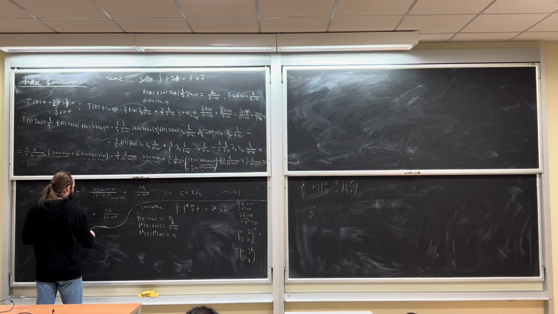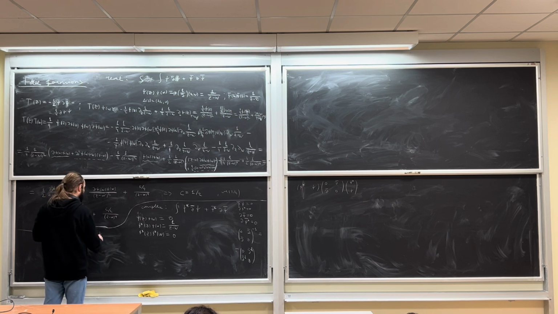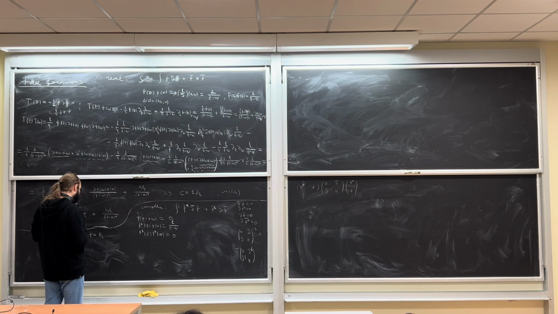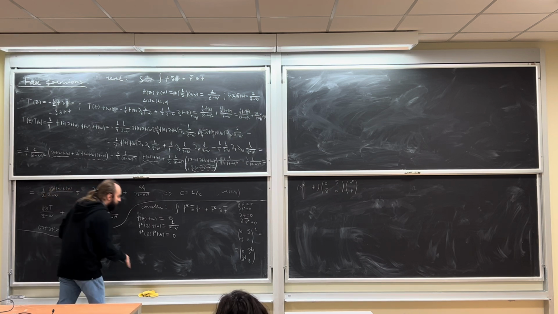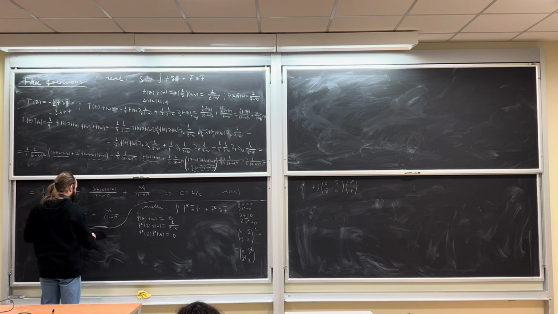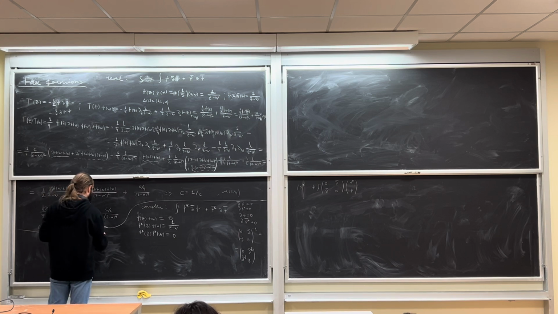So we can say that psi r is 1 over square root of 2 times psi plus psi star.